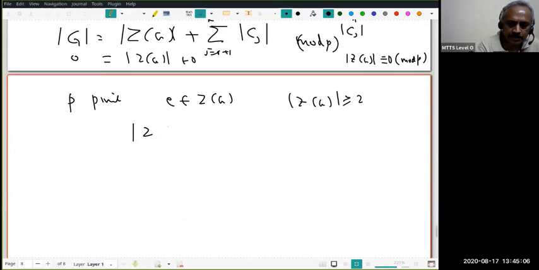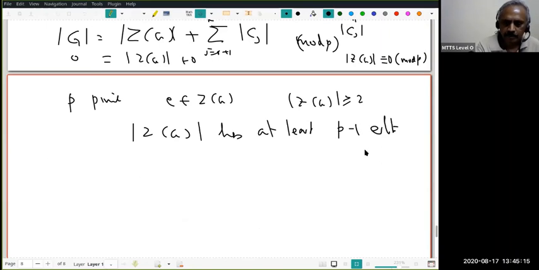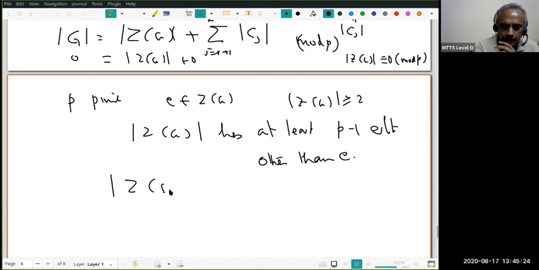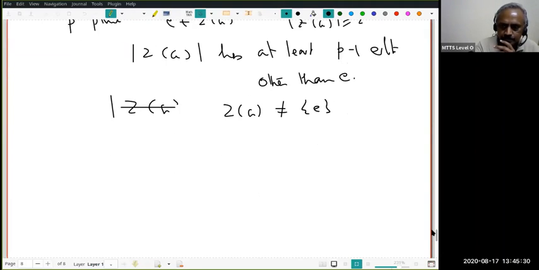Therefore, mod ZG has at least P minus 1 elements other than identity. So we have proved the center is not equal to the singleton alone. Okay, pause, review, proceed.